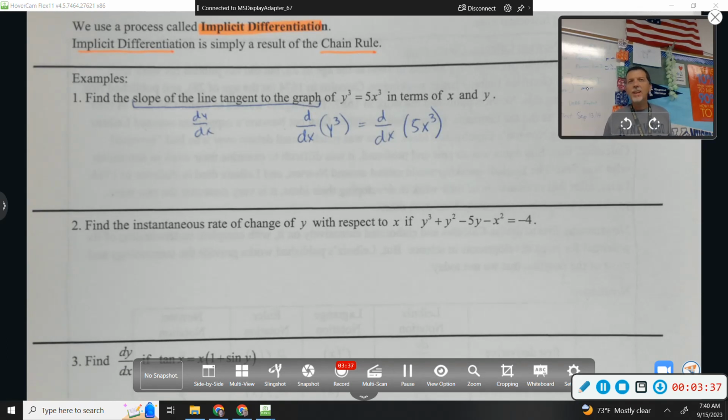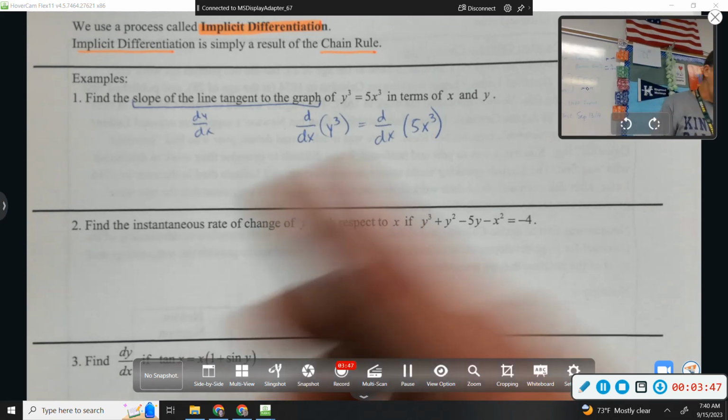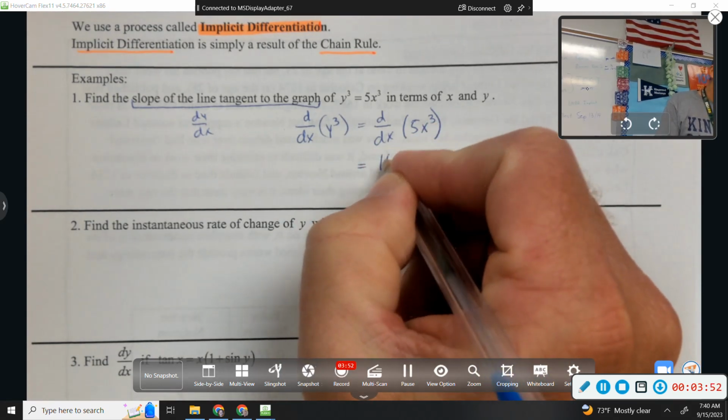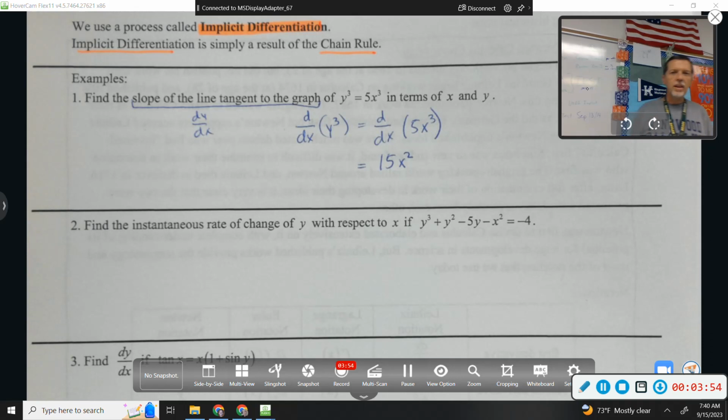Taking the derivative of both sides fits all the other math rules: you can add 5 to both sides and divide both sides by 12 and square both sides. You can also take the derivative of both sides. Let's do the easy side first. Derivative of 5x cubed is 15x squared. Okay, easy peasy on that side.